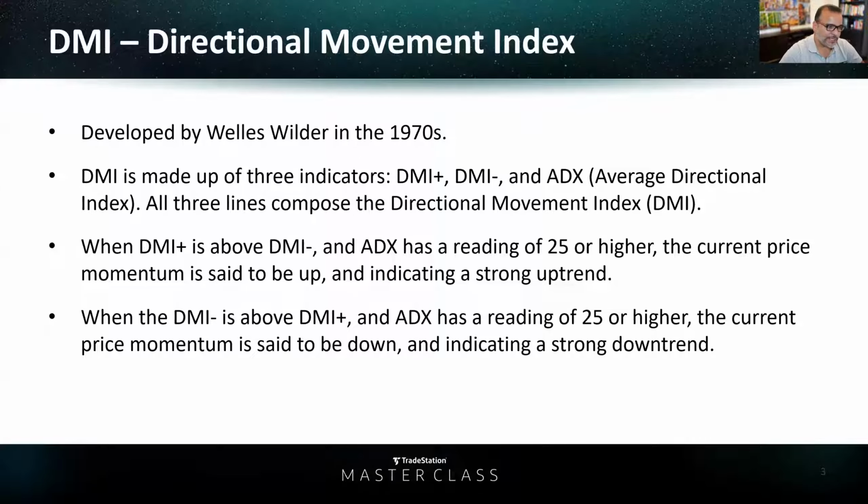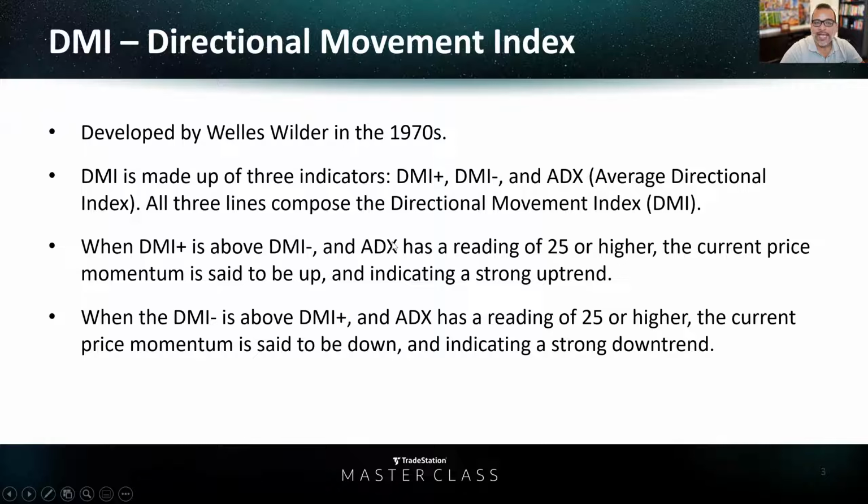When the DMI minus is above the DMI plus and the ADX has a reading of 25 or higher, the current price momentum is said to be down, indicating a strong downtrend. One of the characteristics of ADX is that we're looking for a reading of 25 or higher for both an uptrend and a downtrend.